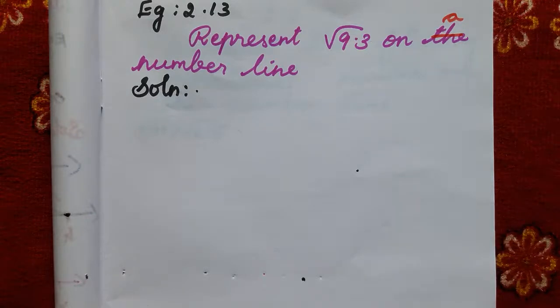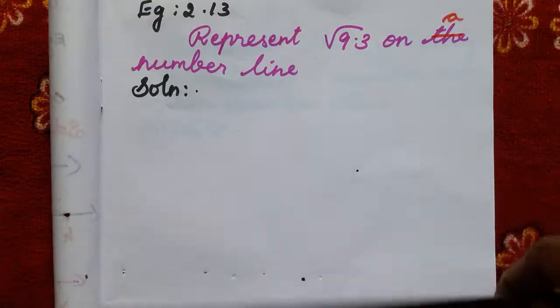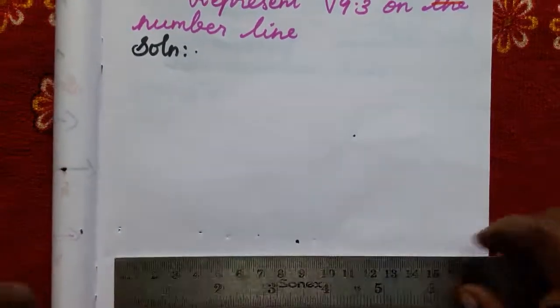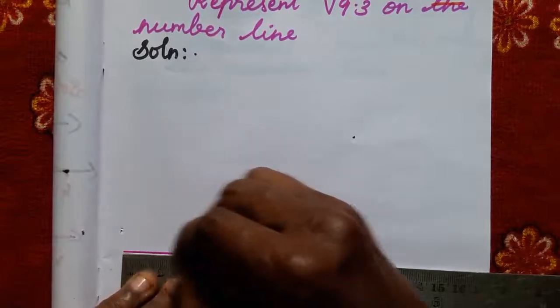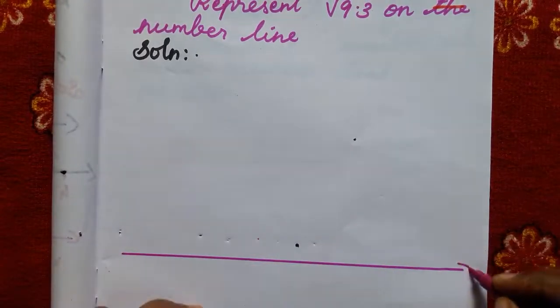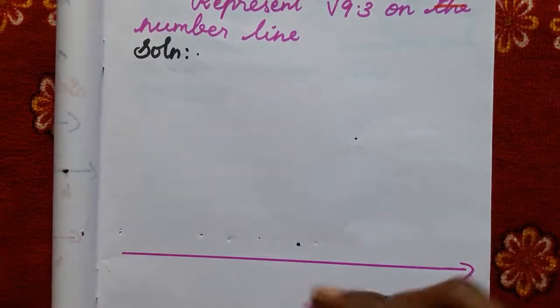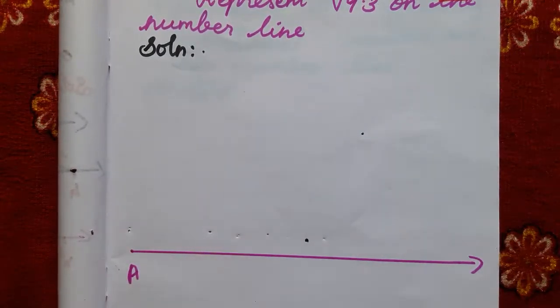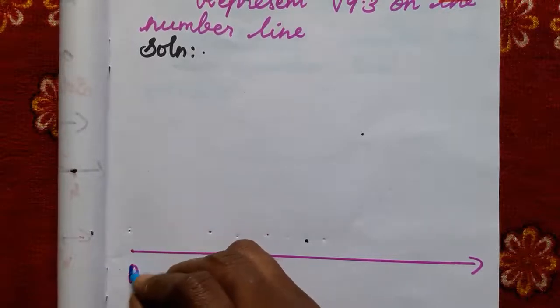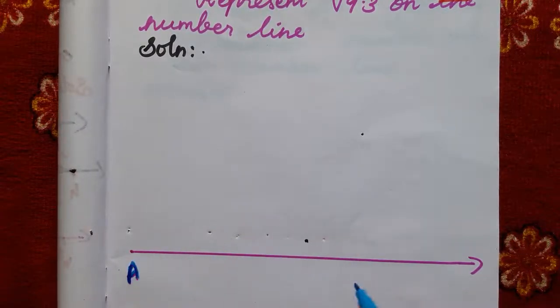First we have to draw a line and mark a point A on it.